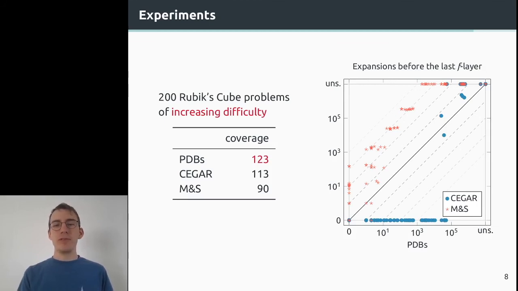We can observe that with Cegar we find almost a perfect heuristic in most of the cases where it was able to solve the problem. These are all the points that lie on the bottom line, where 0 states were expanded. However, at a certain difficulty level, the number of expansions goes up significantly.